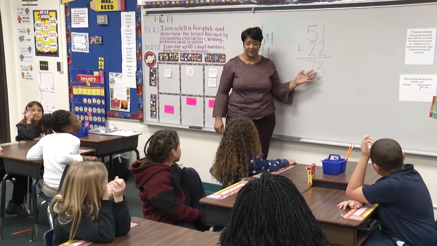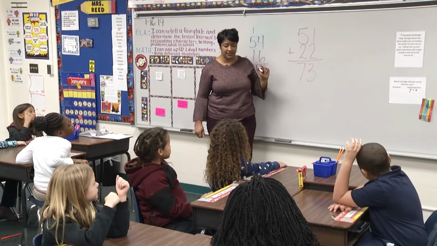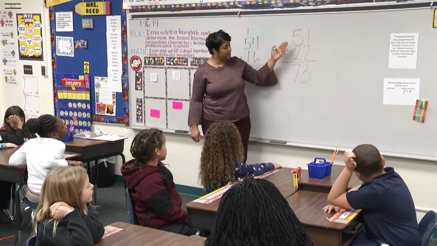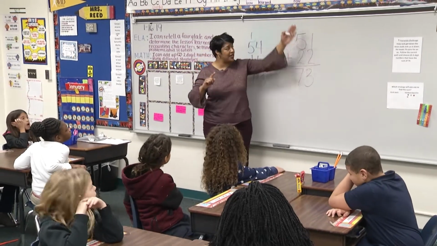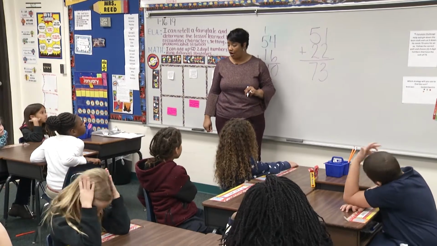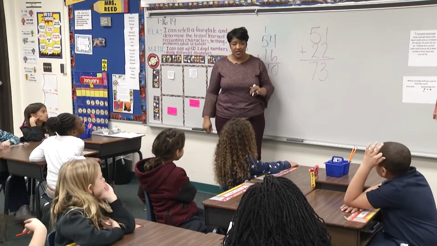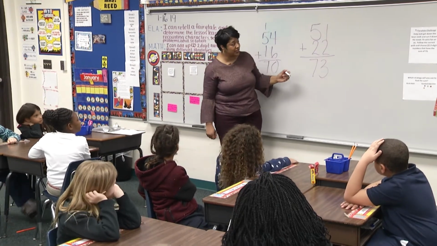So let's do this with me. 1 plus 2 is? 3. 5 plus 2 is? 7. Did we have to regroup? That means take a 10 and put it in a tens place? No, we didn't have to regroup at all. Okay, so did you complete the challenge? Yes. You complete the challenge.